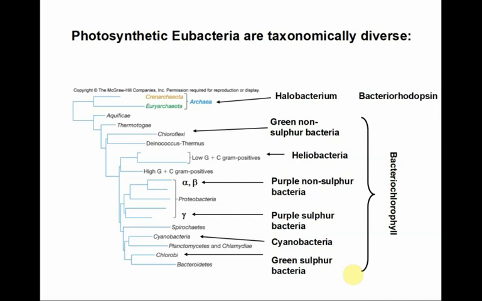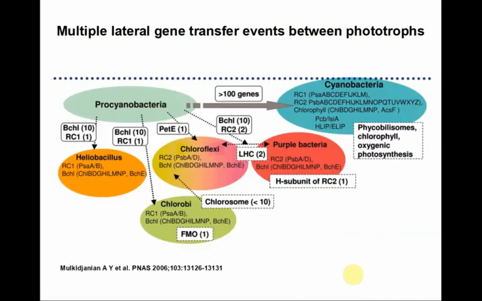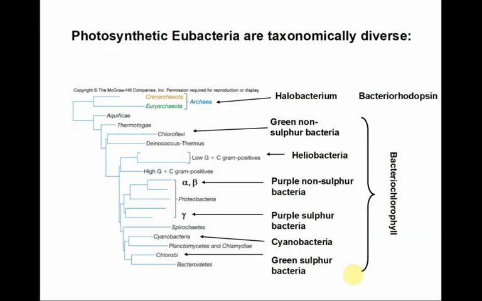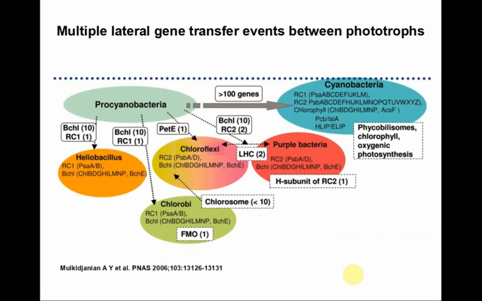One bacterium developed photosynthesis, and then the genes for it got transferred to a lot of different bacterial groups. Apparently what people generally think is that photosynthesis was first developed here by the cyanobacteria, and then different parts of the photosynthetic molecular system were transferred to different groups.